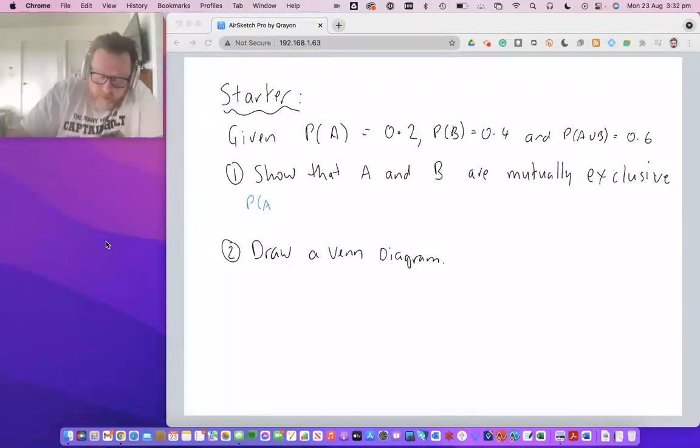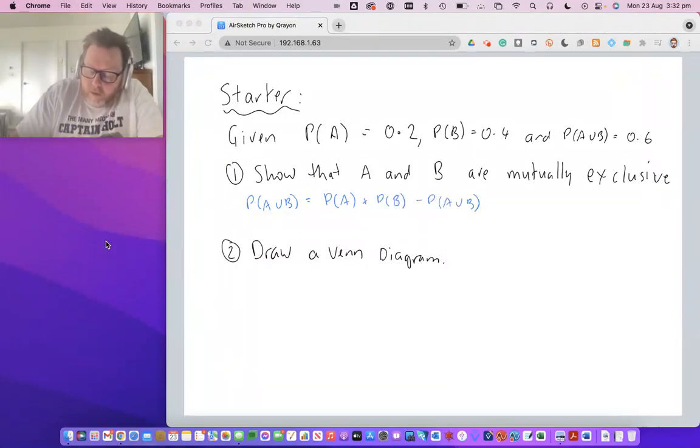Let's start off with the formula, which is the probability of A union B is equal to the probability of A plus the probability of B minus the probability of A intersect B. Now, if I substitute in, I get the probability of A union B is 0.6, the probability of A is 0.2, and the probability of B is 0.4.